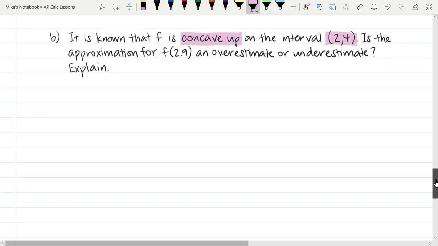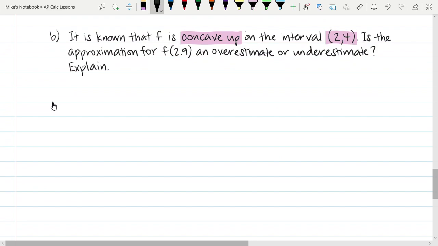Now let's think about that visually for just a moment. If my function is concave up, then remember what that means about the way that the function relates to its tangent lines. It means that all of the tangent lines lie below the graph. Hopefully you recall that from when I first introduced concavity to you. Now remember though, our approximation was actually on one of these tangent lines.